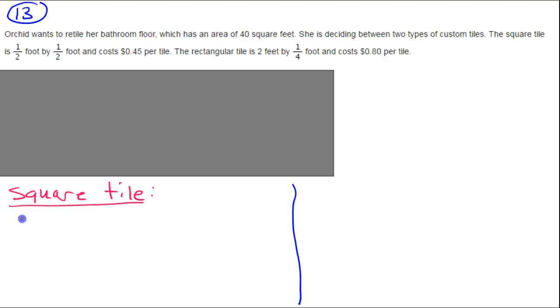So 1/2 times 1/2 is 1/4. So each tile equals 1/4 of a square foot.